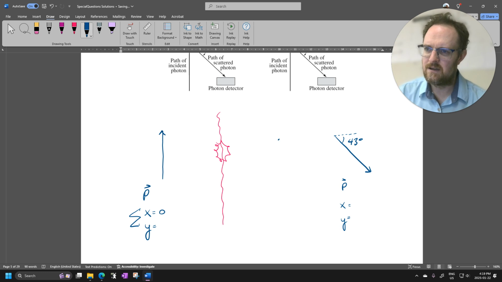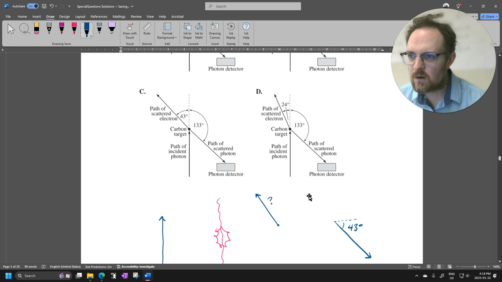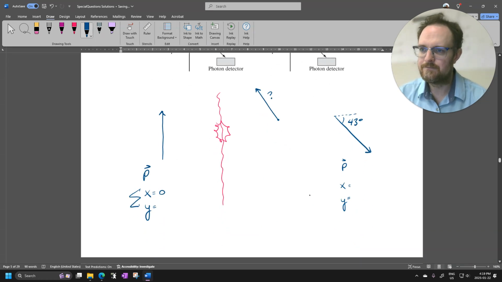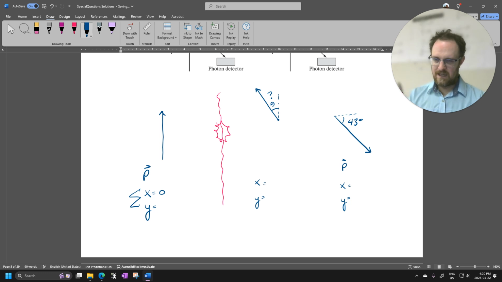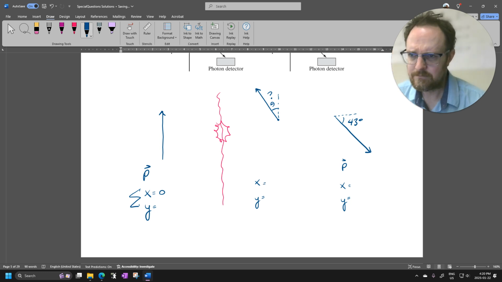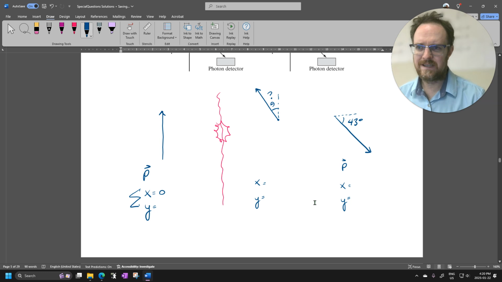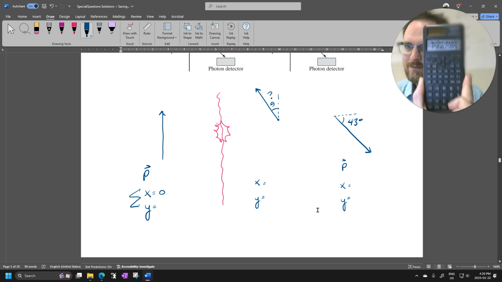And then my electron is going to go somewhere in this direction. That's what we're trying to find at this point, right? We don't necessarily know. We want to know the angle up here. What is that angle? Okay. So we need to find the x and y. If I know the x and y, I can find that angle. The reason I didn't quite do that is because I have this number in my calculator.